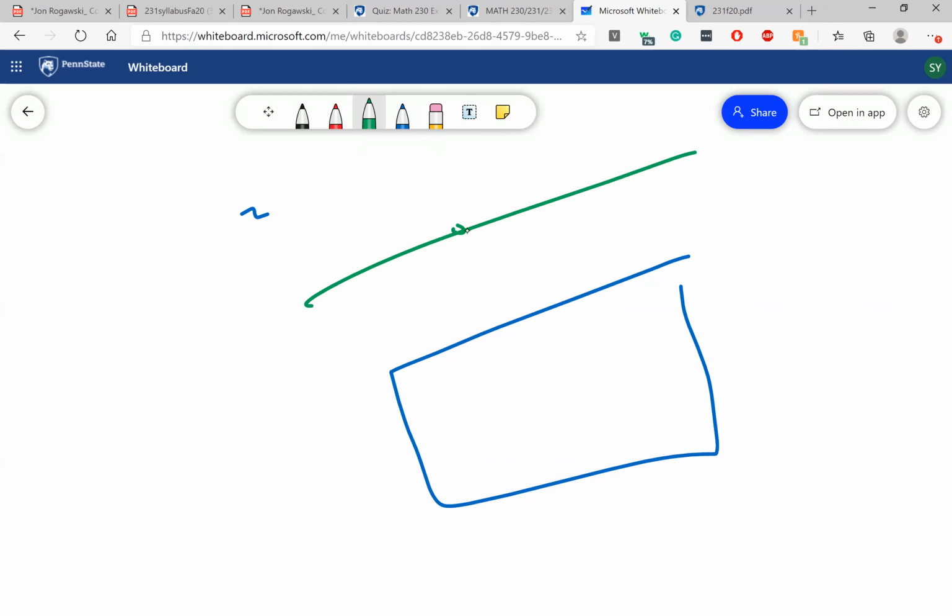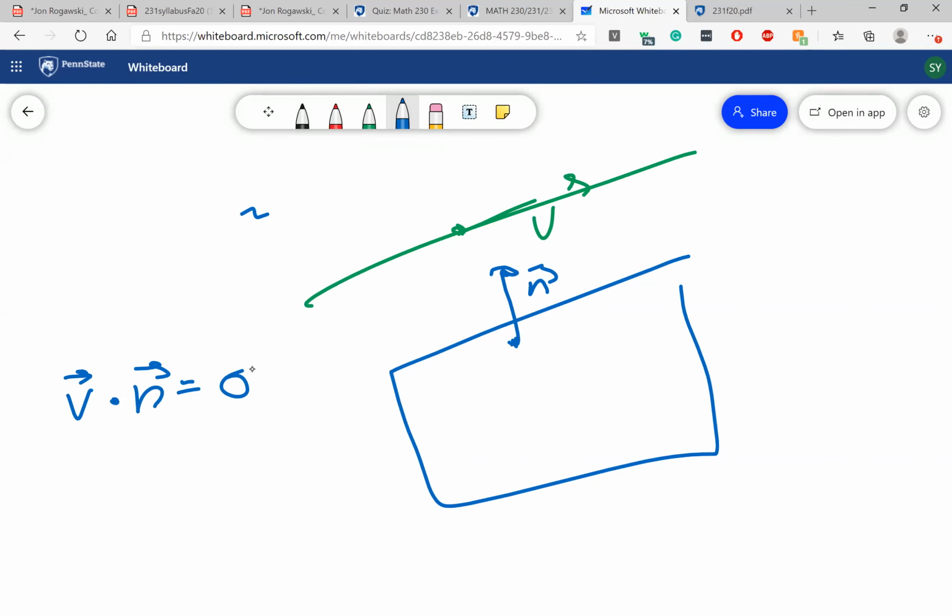So you can look at the vector v of your line, and you can look at your normal vector n of your plane. And you want these to be orthogonal. So you want v dotted with n to be equal to 0.